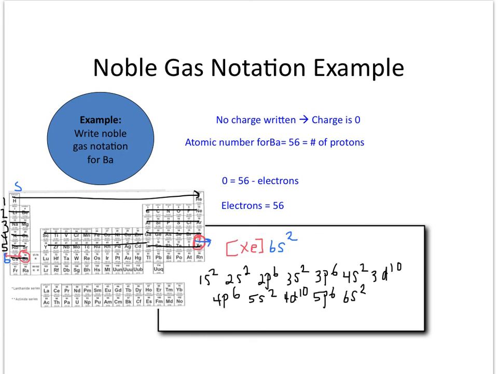By looking at the normal electron configuration, you can see that all of these electrons are inner core electrons.